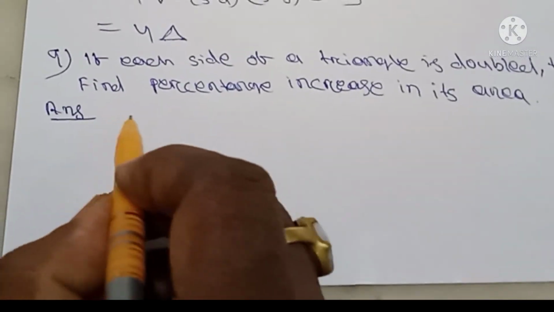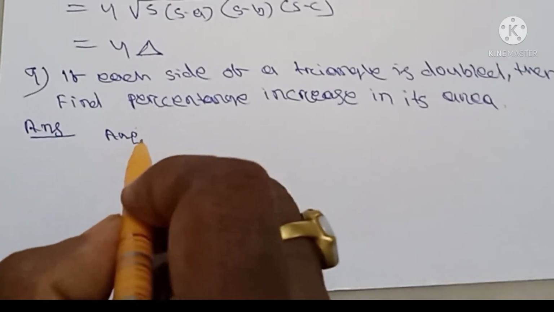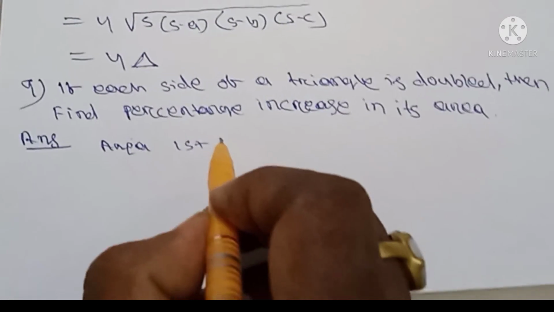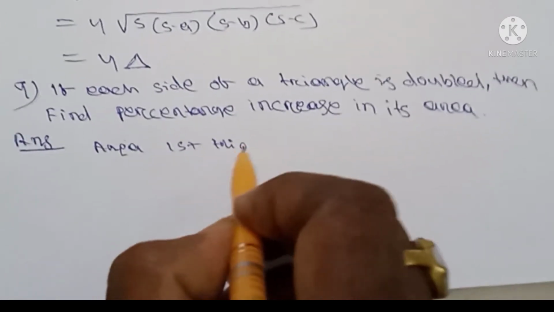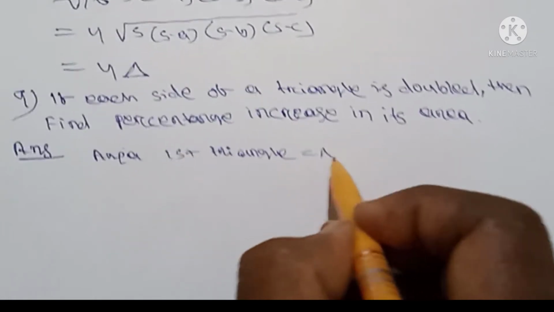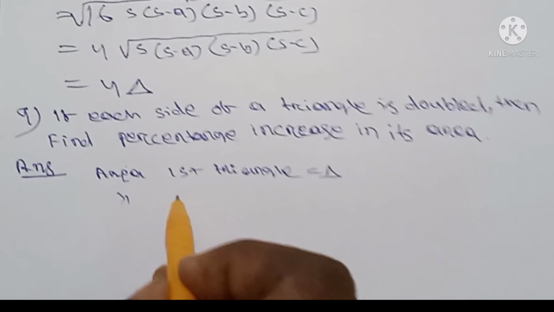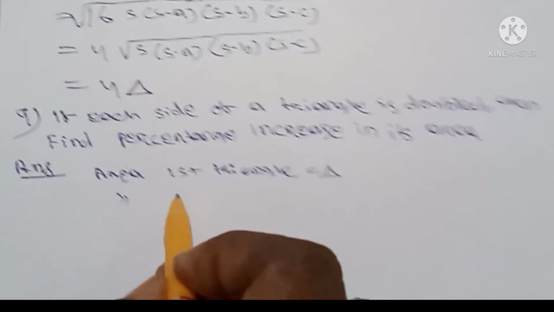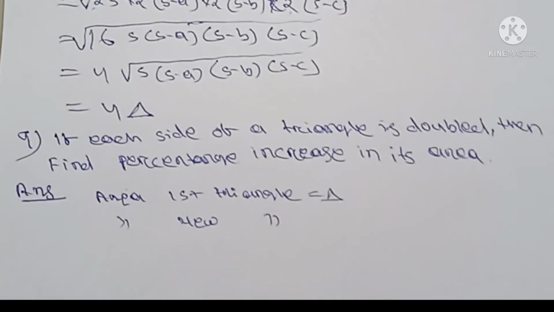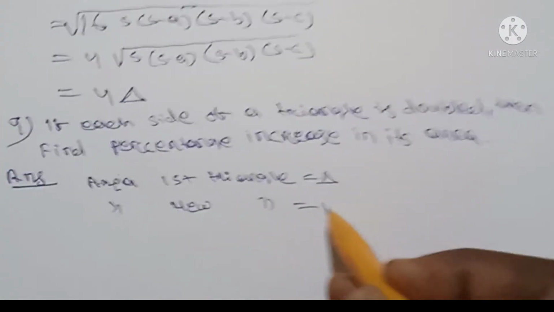Let area of first triangle is equal to delta. Then area of new triangle when side is doubled or twice will be 4 delta.